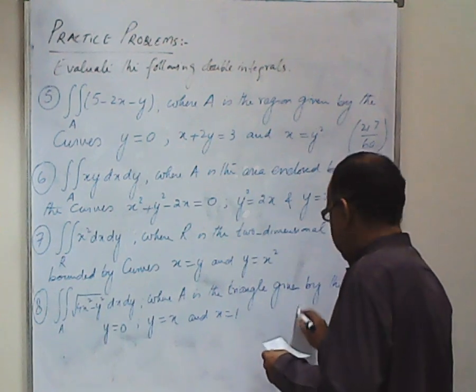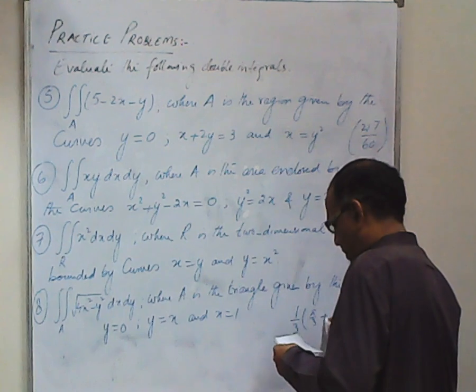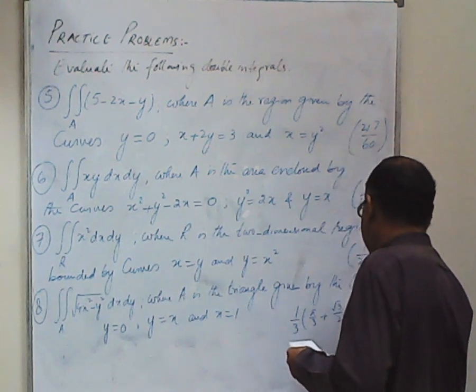And the answer is 1 upon 3 times pi by 3 plus under root 3 by 2.